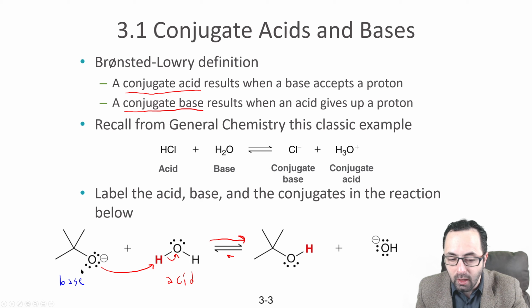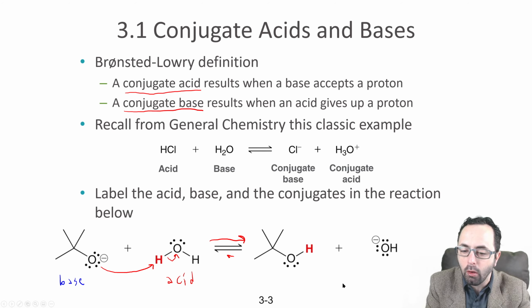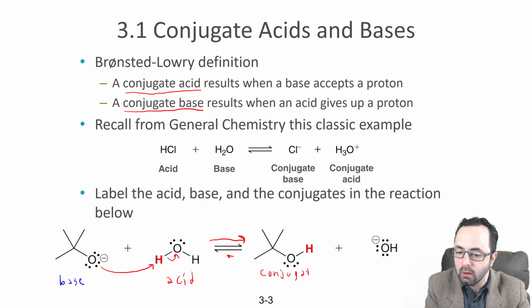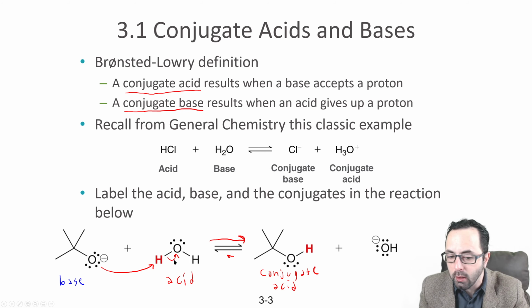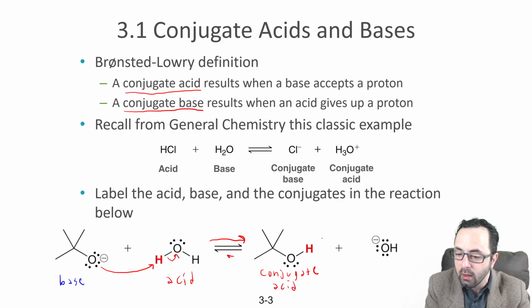And so now once the H+ is attached over here, we would call this the conjugate acid of the original base. And now the water has lost a proton, so what you have left behind is the hydroxide. So this would be called the conjugate base of the acid.